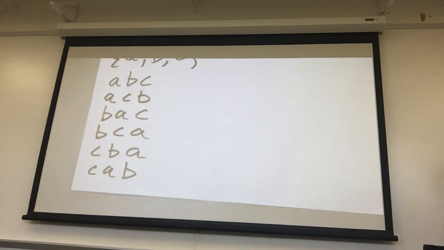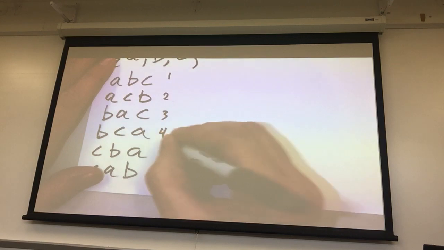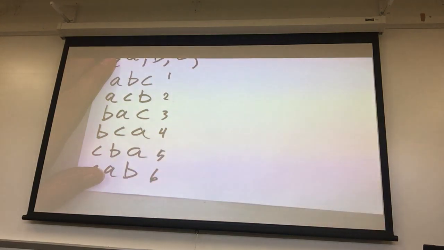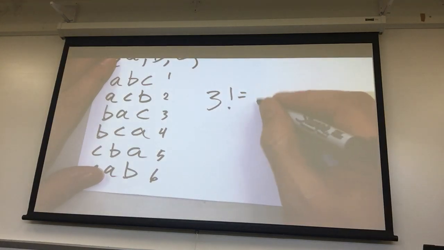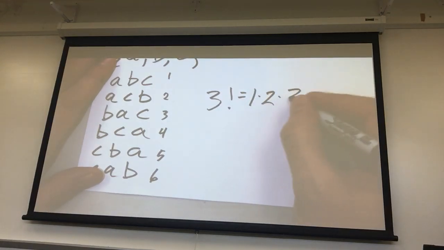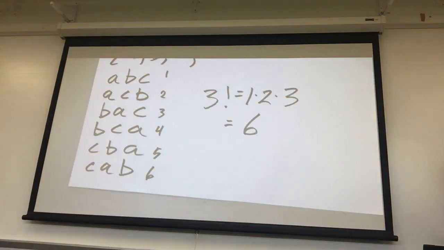We get 1, 2, 3, 4, 5, and 6. So 3 factorial, which would equal 1 times 2 times 3, equals 6.